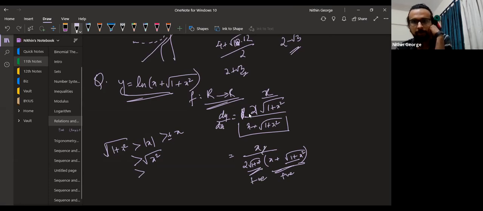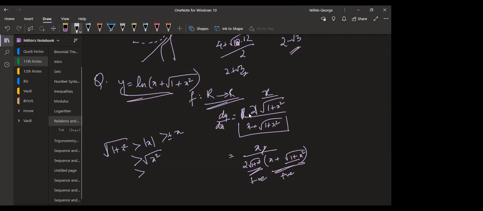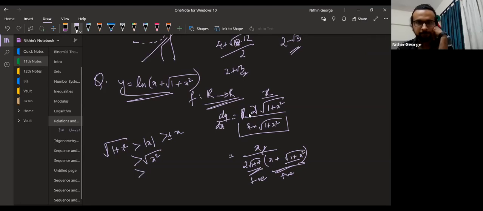Now, what remains here? X. All right. So, this is defined from R to R. Okay. That's fine. So here, after 0, it keeps on increasing.